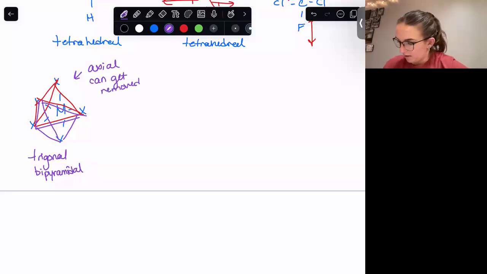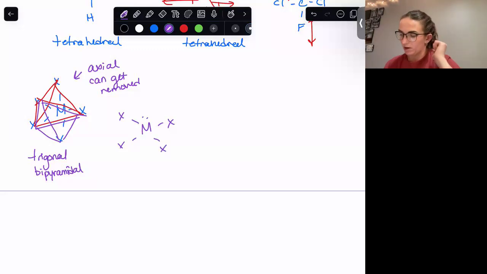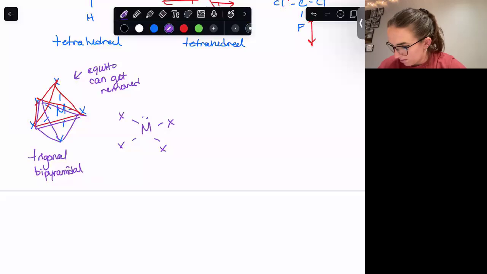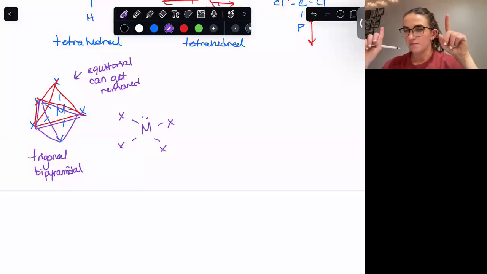If you have something like this, this is that seesaw. Sorry, this is not axial, this is equatorial. In seesaw, you have two elements in the axial position and two in your equatorial position, creating that seesaw shape.